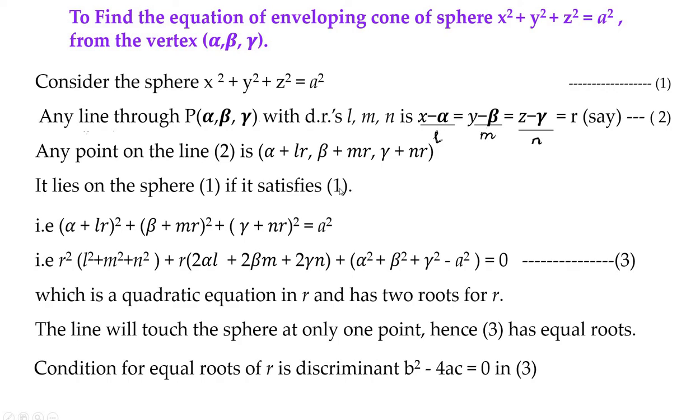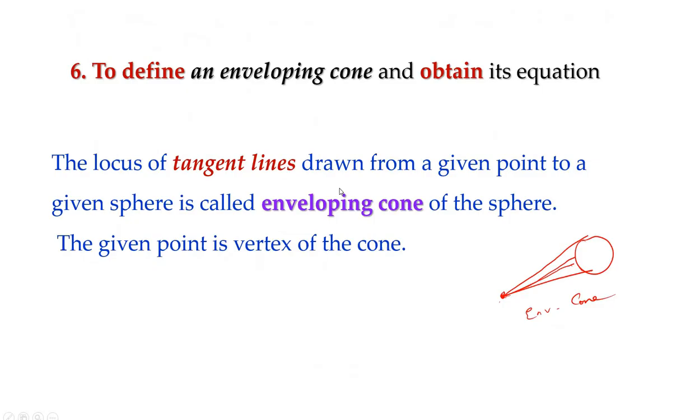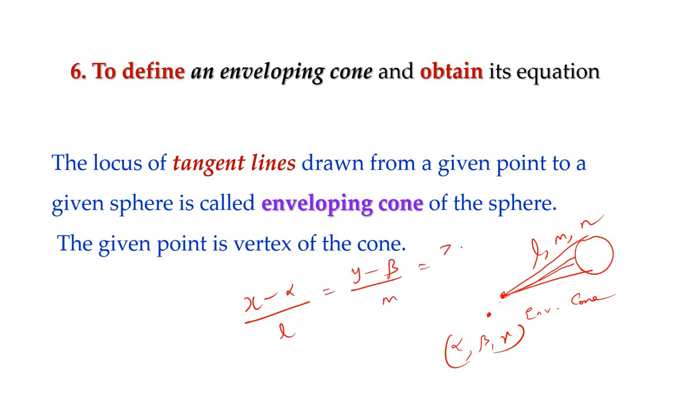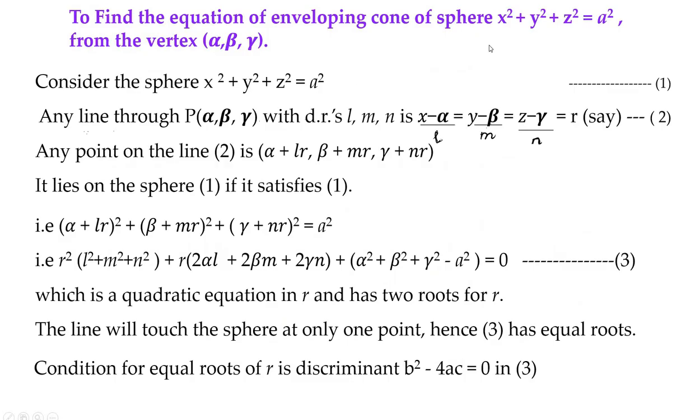So the point is alpha, beta, gamma, and the line has direction ratios l, m, n. Since the point and the direction ratios are known, this is the equation of that line: x minus alpha by l, y minus beta by m, z minus gamma by n, equal to say some r.